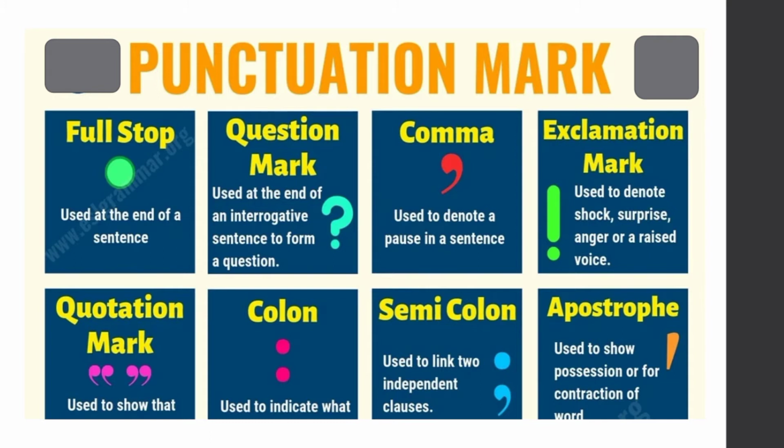Then exclamation mark, used to denote shock, surprise, anger, or a raised voice. Then quotation mark, used to show speech. Colon, used to indicate what? Semicolon, used to link two independent clauses. Then apostrophe, used to show possession or contraction of a word.